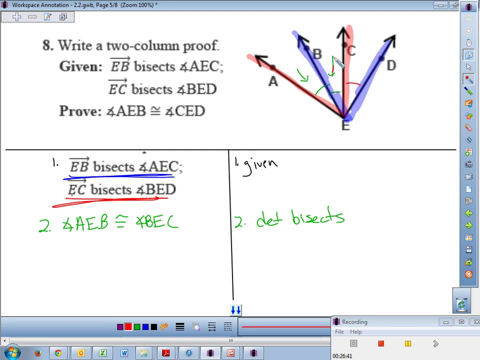Name this guy for me, the one in here, this guy right here. Angle BEC. Time out. Can you call it angle CEB? Could you call it that? Angle CEB? Okay, I'm going to do that. You just keep doing what you're doing. I'm going to call it angle CEB. Isn't that a legal name for that thing right there? Cool. And then this guy's name is what over here?